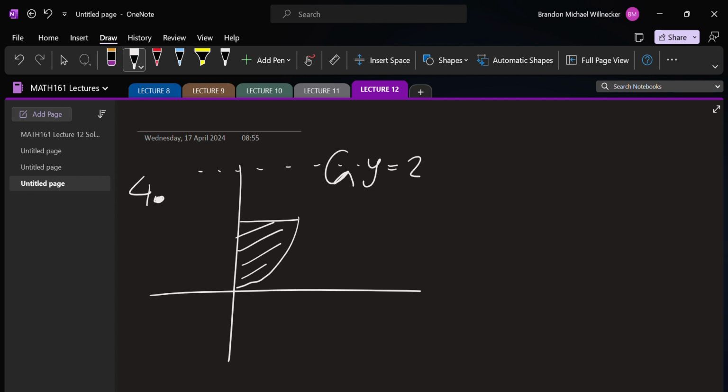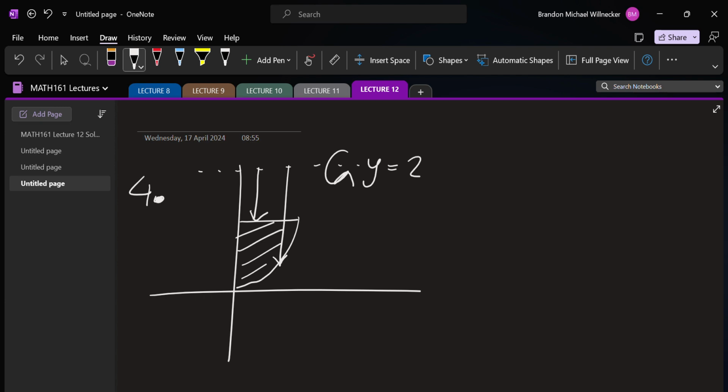So same idea as before. We want to find the inside radius and the outside radius, but now we're measuring from this new axis, not the x-axis. So from the axis to the straight line, that's going to be the inside radius. And then from the axis to tan, that's going to be the outside radius.